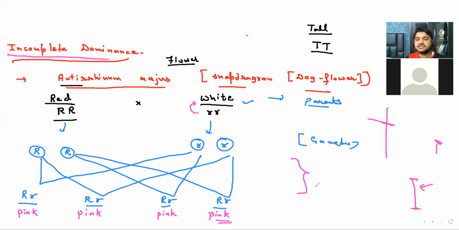So this F1 generation all have a pink color, right? Is this pink color matching with either of the parents? No, they're either red or white. So is this the first generation or second generation? First. Now take any two of these, male and female.